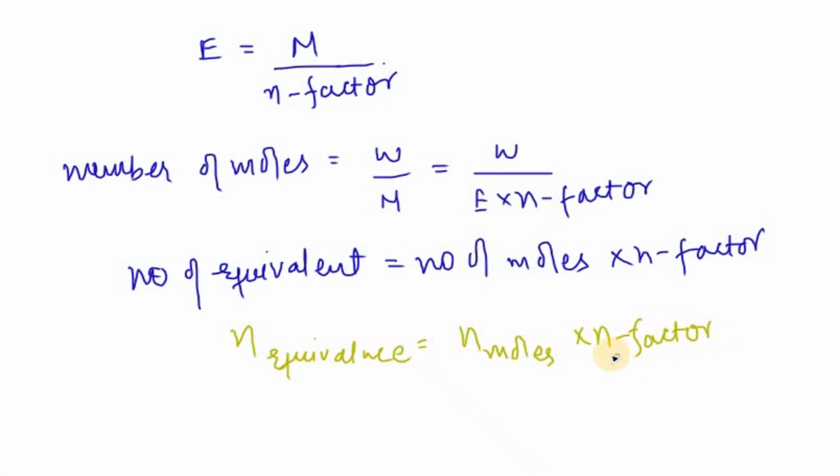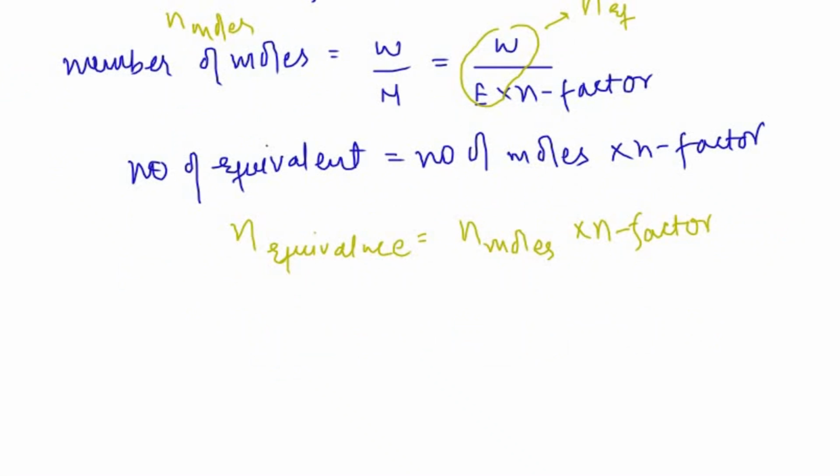But here let's say we know the n factor. So the number of equivalents is given by the number of moles multiplied by n factor. As we know, W by E is forming the number of equivalents, and cross multiplying, the number of equivalents equals the number of moles multiplied by n factor.